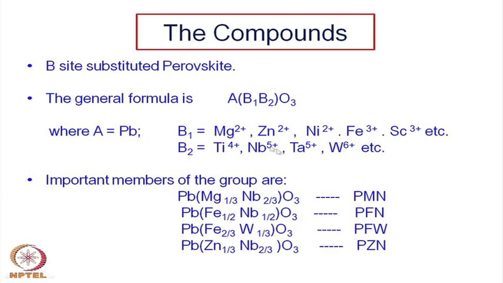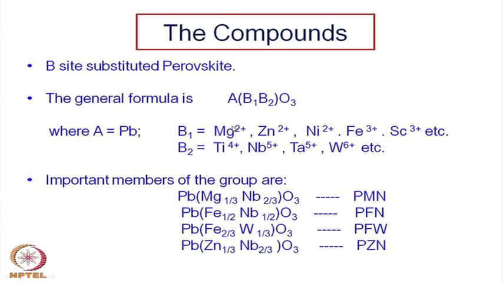So, the ABO3 structure, you have B1 and B2. Instead of B, we have two different atoms or two different ions, B1 and B2. So, A is normally lead, that is the only possibility so far as the A site is concerned. But B site, different combinations are possible.